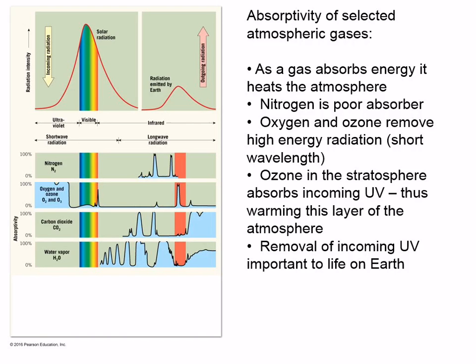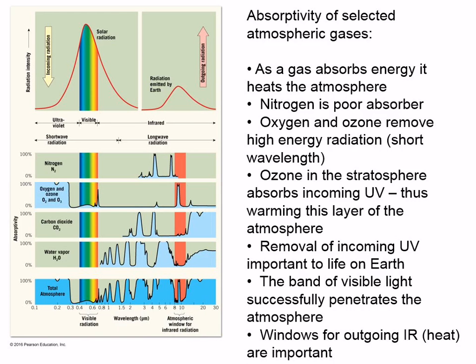Here, this red bar, that's heat, that's infrared, that's thermal energy. So the greenhouse effect is being shown right here, this absorptivity of that particular energy. Remember we said that as the Earth oozes its radiation, they actually trap it, and carbon dioxide and water vapor both do that.